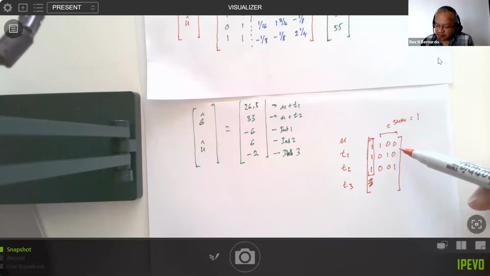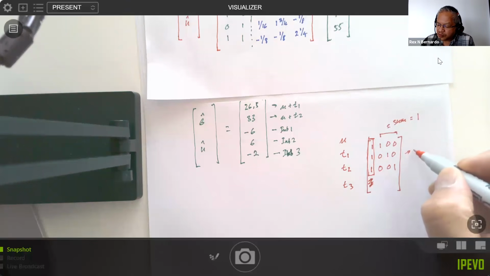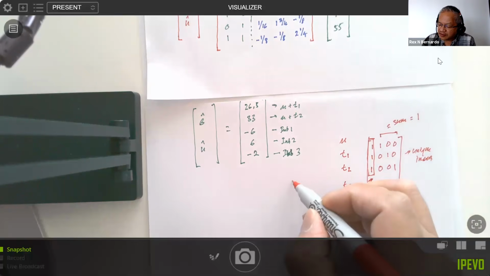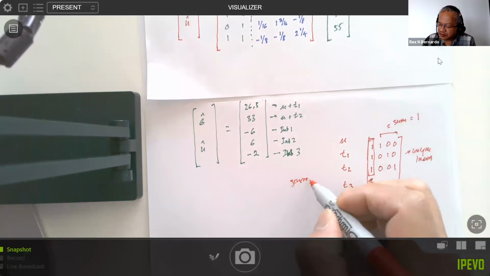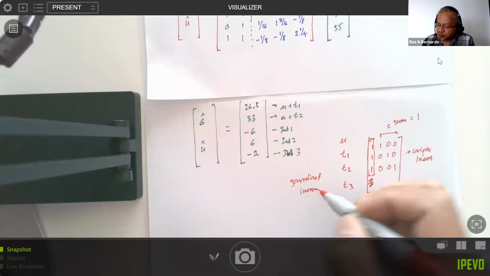And so in this case, you will not have a unique inverse, and you'd have to resort to what is called a generalized inverse to come up with a solution.